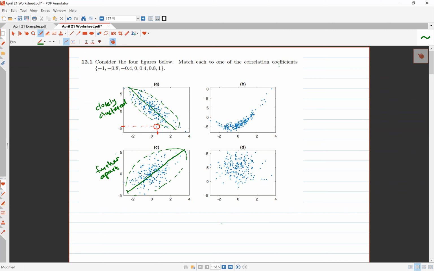And so in terms of the number, if we just forget the sign, if we just look at the absolute value of the correlation, for A, you would expect the number a lot closer to 1. The closer you are to 1, the more perfect the relationship.